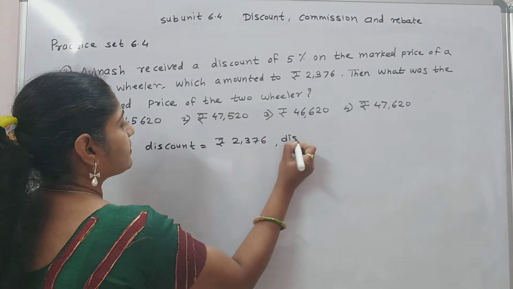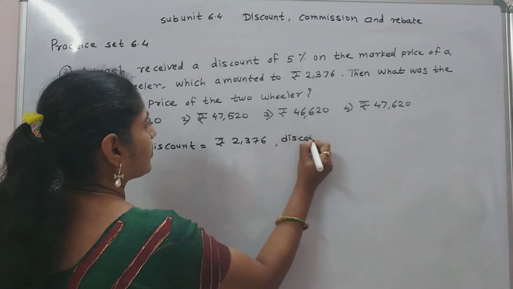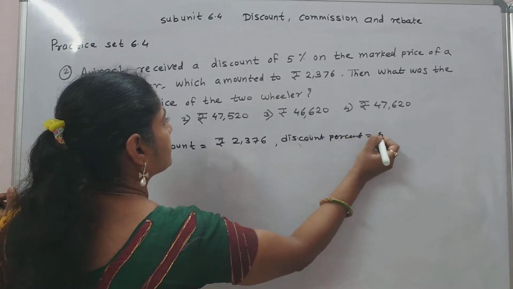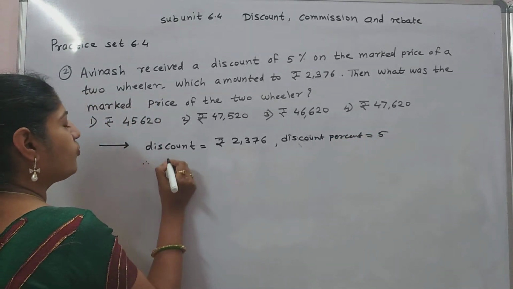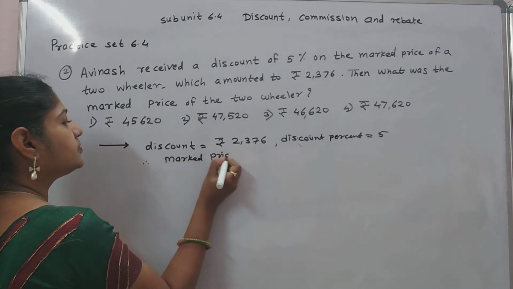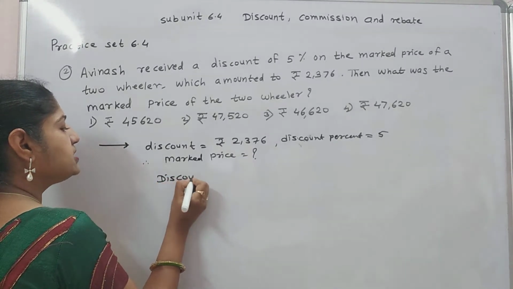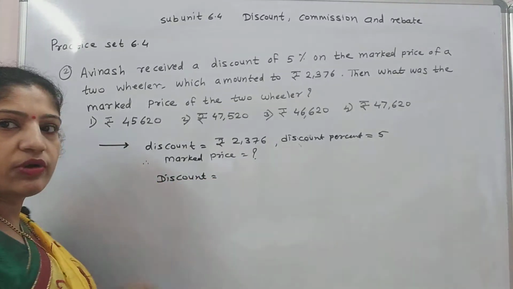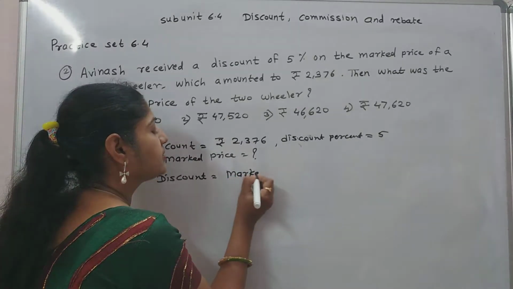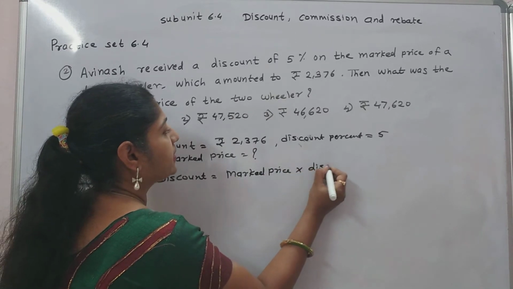Discount percentage is given, and we have to find the mark price. We know the formula: discount equals mark price into discount percent.